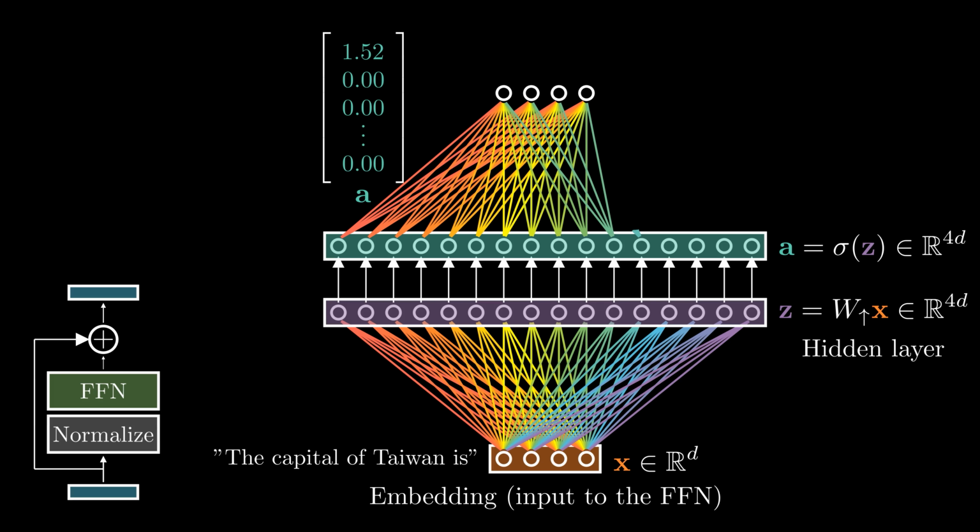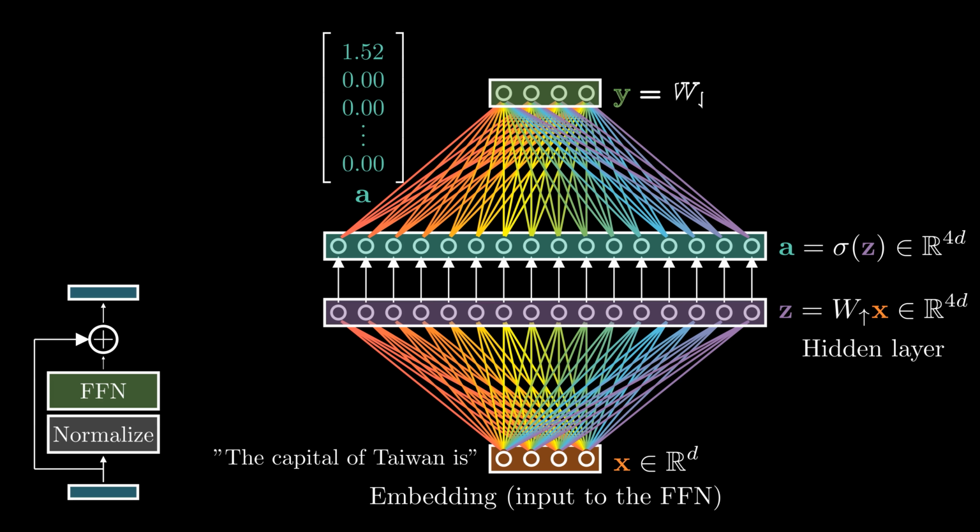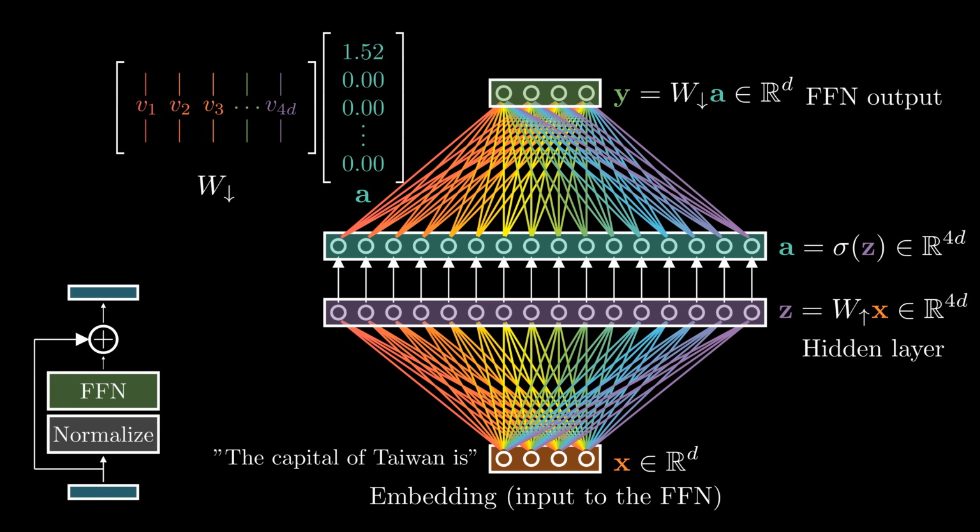Since this linear layer typically reduces the dimensionality back to D, we refer to it as a down projection matrix, W down. The output vector Y is formed by taking a weighted sum of the columns in the down projection matrix, using the values from the vector A as the weights.